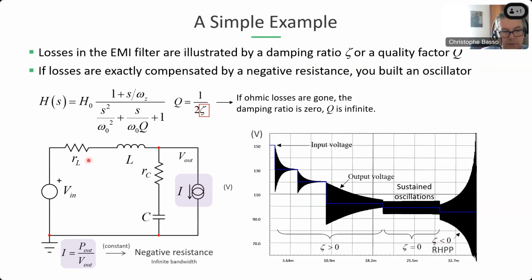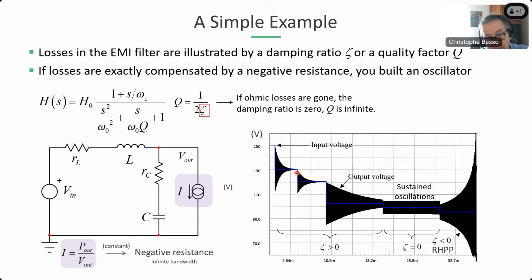So here you have the EMI filter, which is naturally damped by losses, like magnetic losses, for instance, but also ohmic losses in the capacitor, the PCB traces, or in the resistance. If you load it with a constant power type of current source, which is exactly mimicking what your power supply will do, then when you start decreasing the input voltage, you obviously increase the current here because the loop is active, and you have oscillation because this is an LC circuit which is not properly damped.